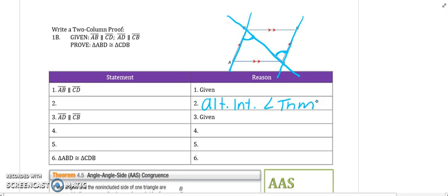So here I can't say angle B and angle C because that could be referring to either one of those angles. So I'm going to name it with 3 letters. I'm going to say ABT is congruent to angle CDB. And that gives us one set of angles.